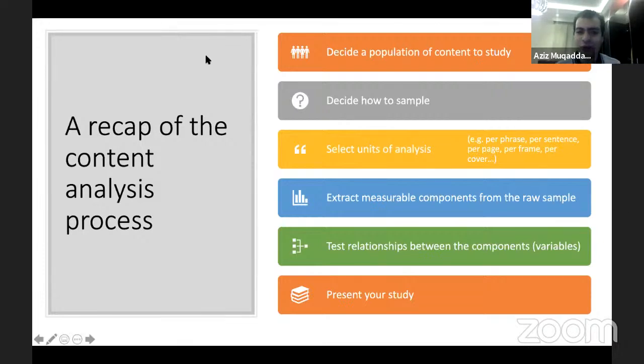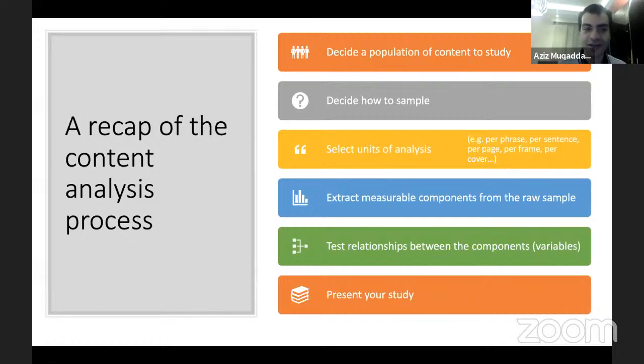So let me do a quick recap. We said that in content analysis, you basically start with a population of content, which is different than a population of people. The things you want to analyze, then how you want to sample. You can do a time frame and a random sample, or you do everything, or you arbitrarily choose something.